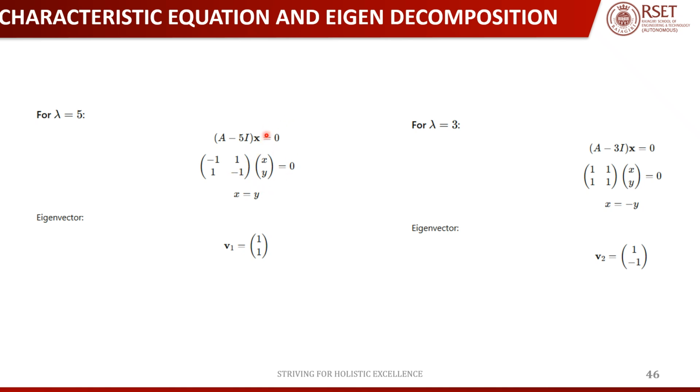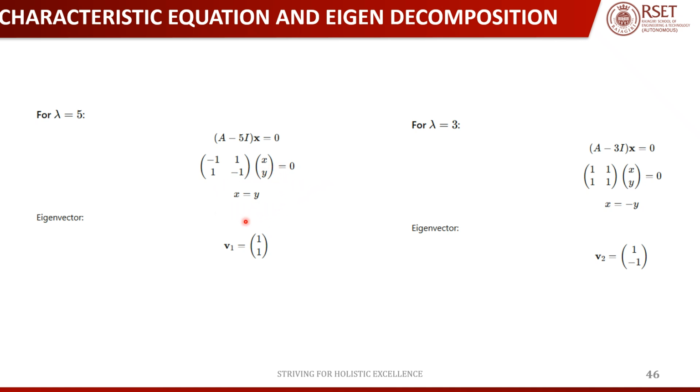So let's take x to be the column vector with entries x and y. Now multiplying this 2 by 2 matrix with this 2 by 1 matrix, we get minus x plus y equal to 0. This implies x equals y.